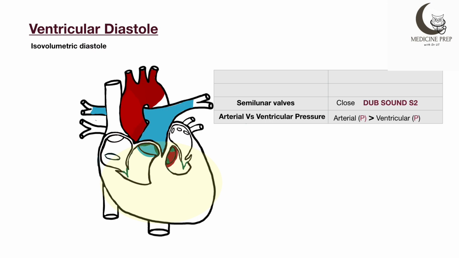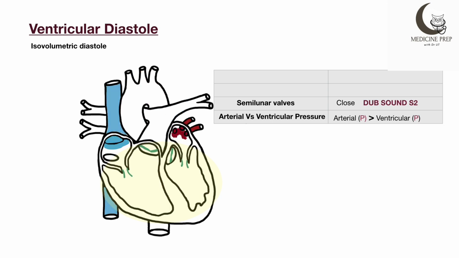Now, this is immediately followed by a period of isovolumetric relaxation or isovolumetric diastole. And why isovolumetric? Because your semilunar valves are closed and AV valves are also closed. So, once again, there's no change in the volume of blood present in the ventricles.